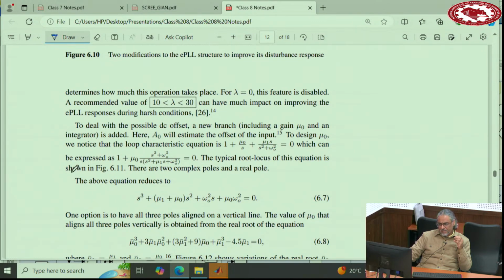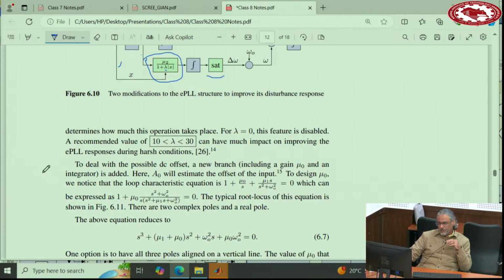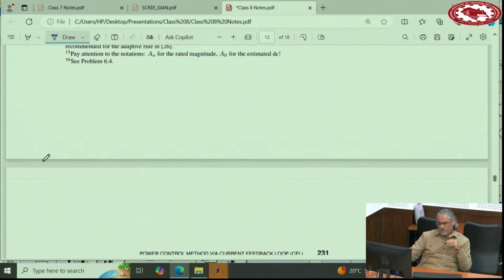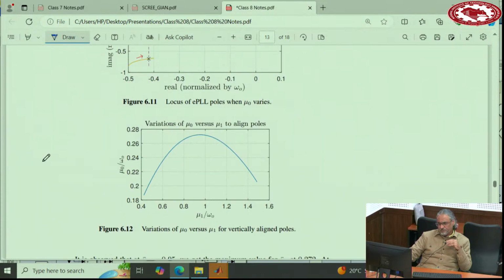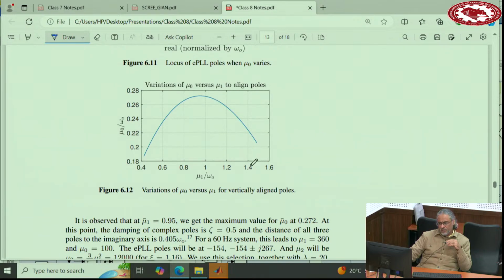Okay. Here is a discussion of how to design this mu 0. I'm going to skip that. You can read it yourself. And a couple of very nice graphs here. For instance, this shows a summary of how you design mu 0 after this analysis.